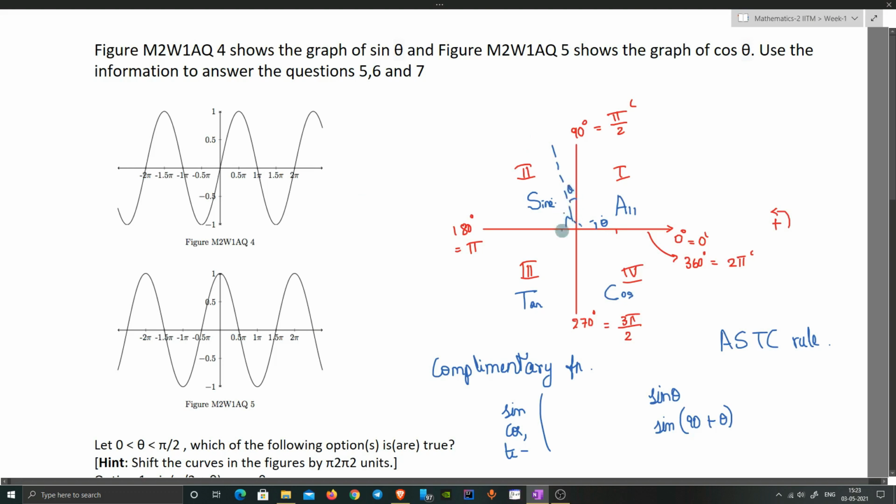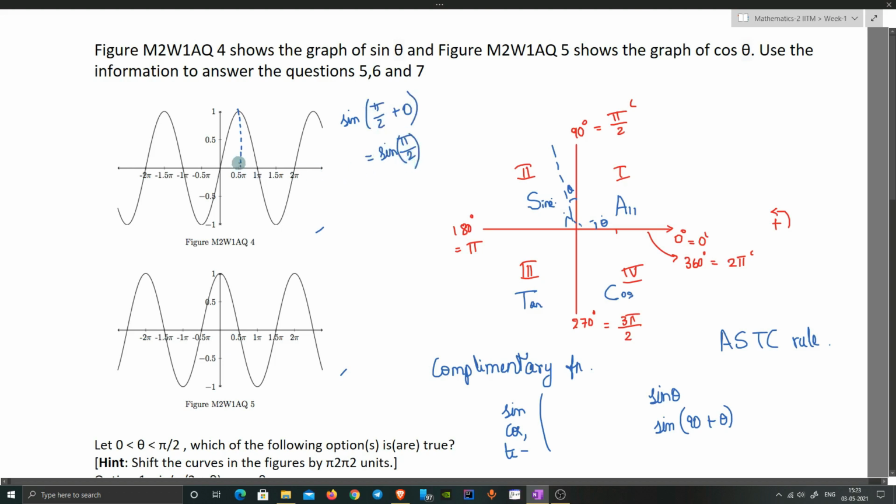Okay, so observe this graph, right, in sine and cos. So in sine and cos, if we want to compute, sine 0 is here, that is 0. And if I'm jumping this 0 degrees by 90 degrees, right? So if I want to find out the value at pi by 2, that is sine of pi by 2 plus 0, right? So sine of pi by 2 plus 0 is nothing but sine of pi by 2.